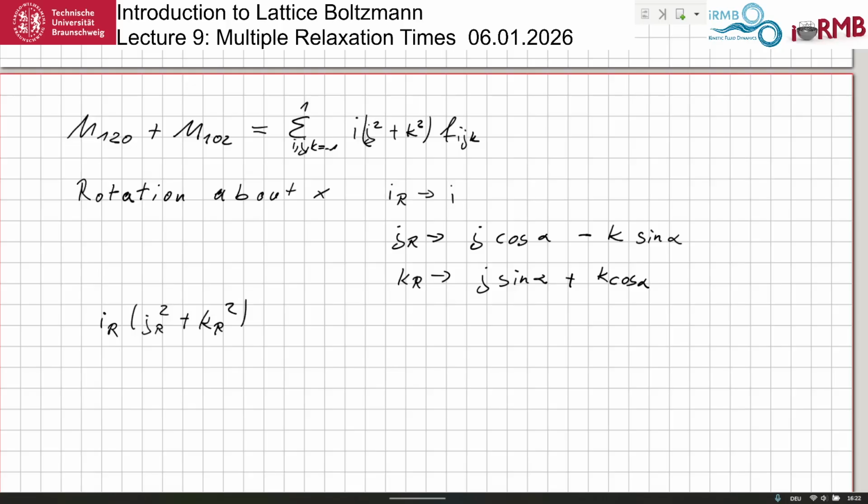When we do the replacement, IR becomes I, and the other ones are just what is written here. They are now squared, so this is J square, then there's cosine square alpha plus sine.